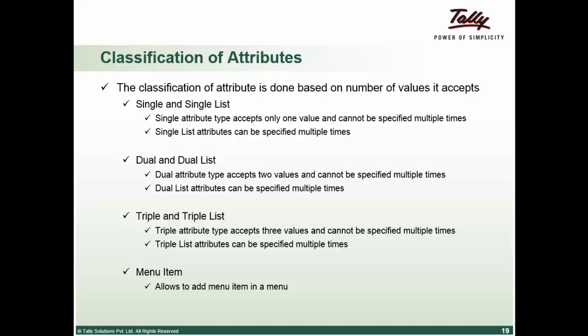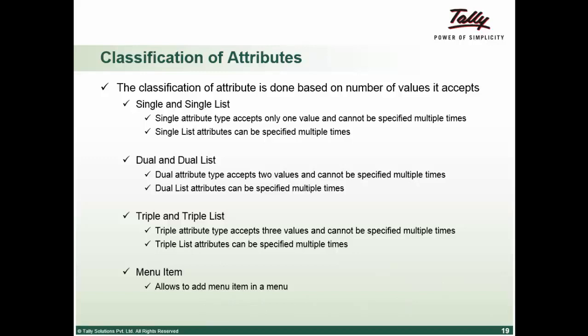Do not worry and stress on the examples much, because when we use them, you will understand what a dual and a dual list are and how we have categorized them. A dual list type attribute accepts two values and can be specified multiple times. For example, a set attribute at report level takes two parameters, the variable name and the variable value, and the set attribute can be used multiple times.